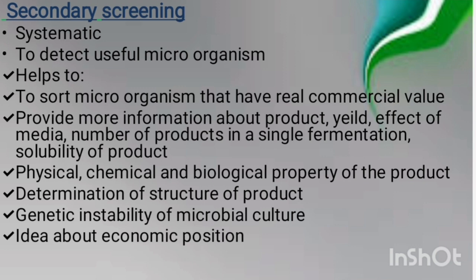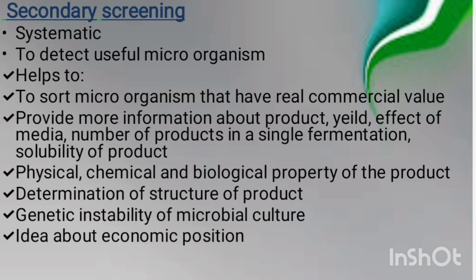So the primary screening methods are over. Next, let's move on to secondary screening. It is a systematic screening program, and the secondary screening method is used to isolate industrially useful microorganisms.